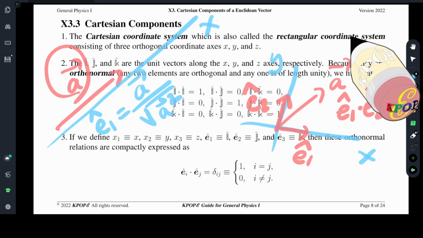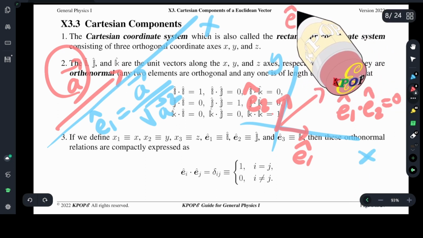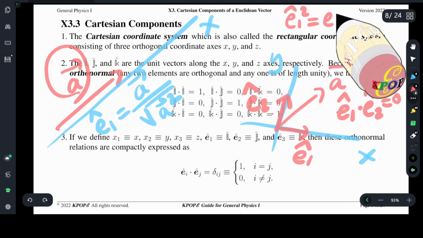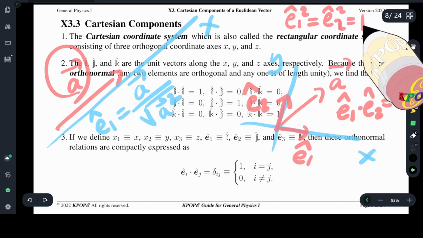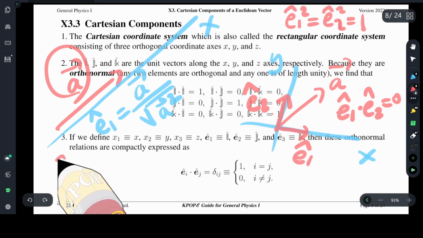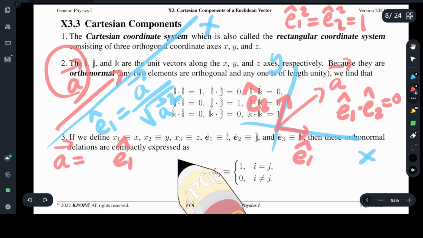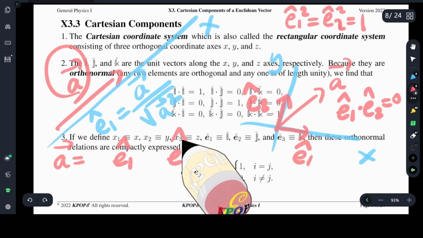For simplicity, I want to choose E1 squared and E2 squared to be 1, to have unit vectors. Then what I need to do is expand this vector A in terms of E1 and E2.